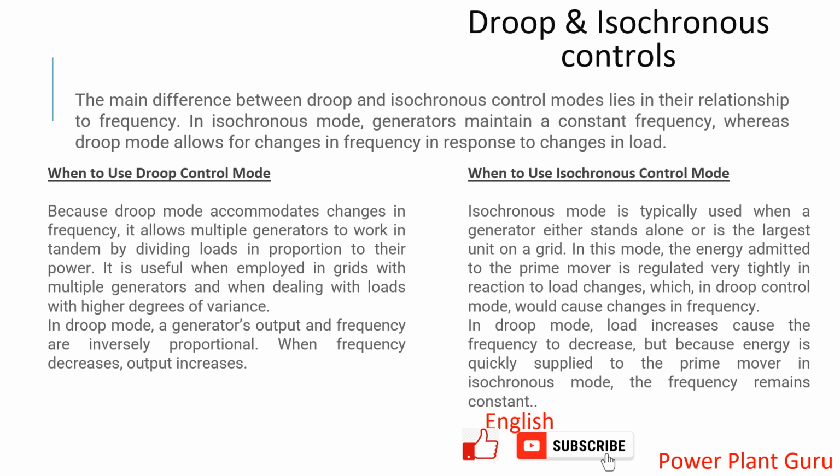Then you can operate that larger machine in isochronous mode, and it will give a constant frequency power system, where all the other machines running in droop will follow that same frequency.